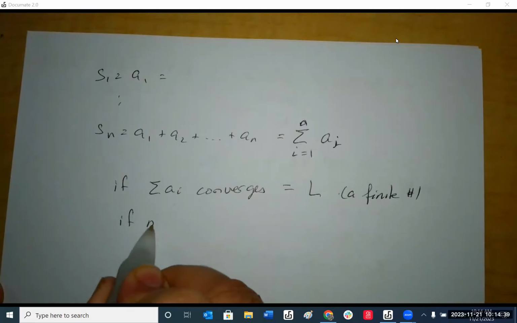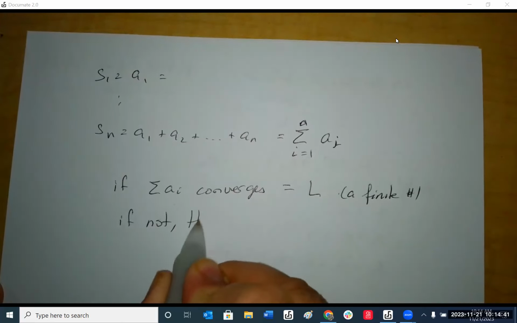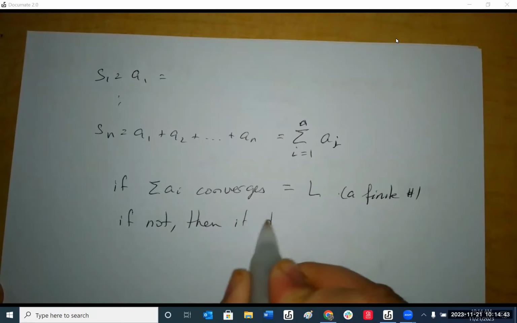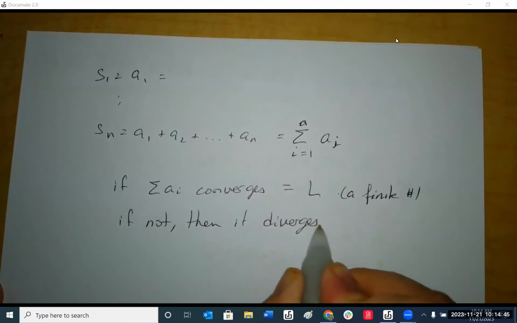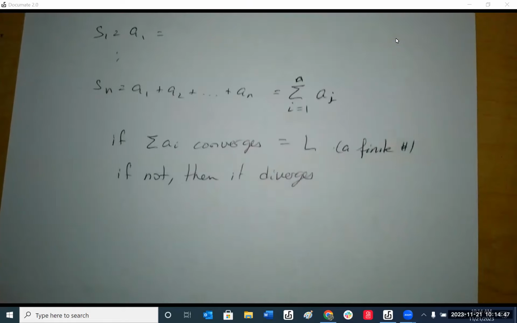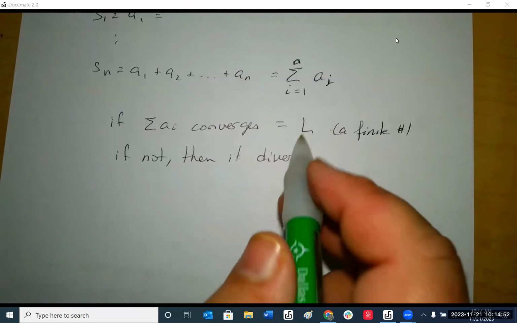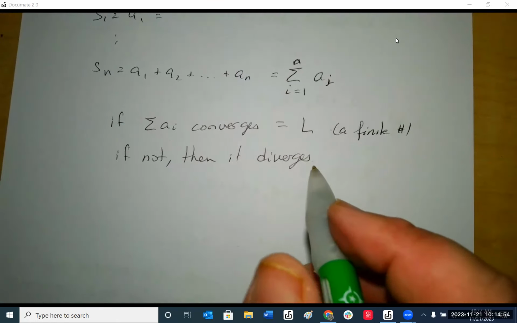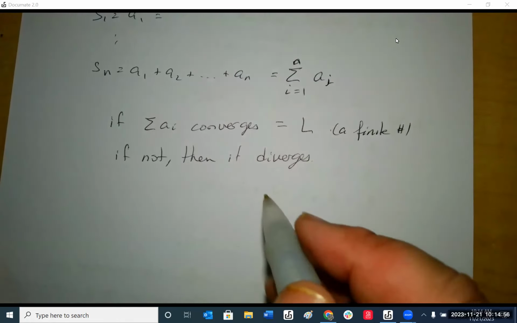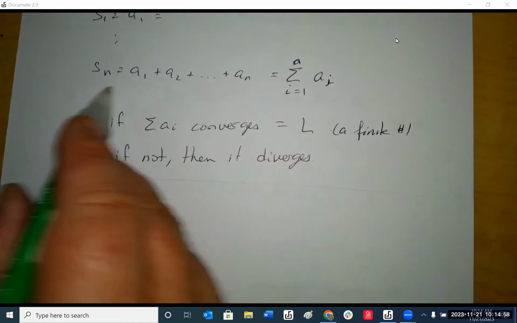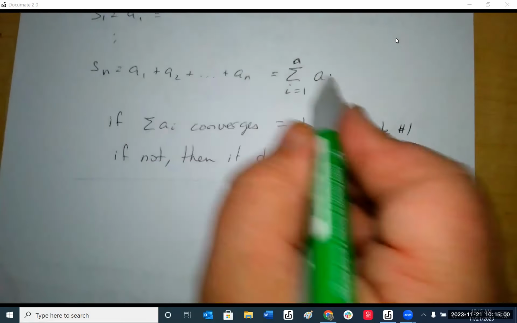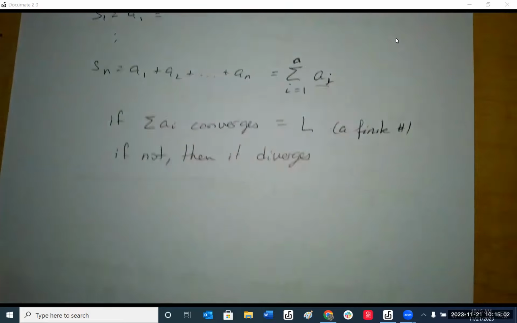If not, then it diverges. In other words, if the summation doesn't equal some number, then we have a divergent series. First, this is the arithmetic sequence. If it follows this, then they're all some sort of pattern.